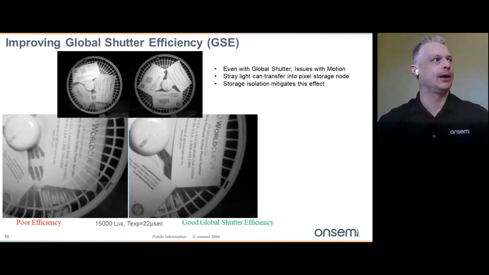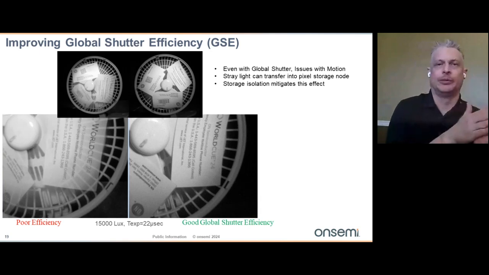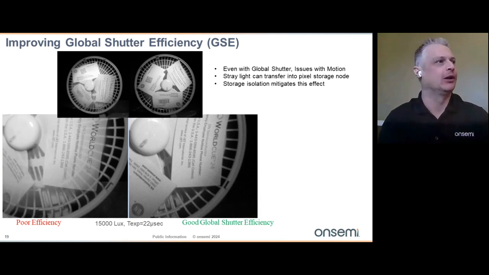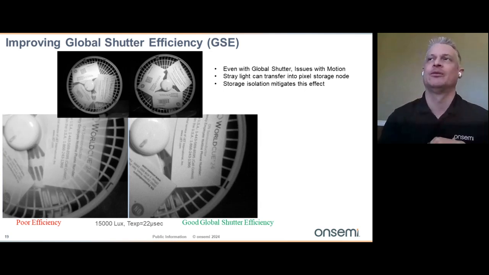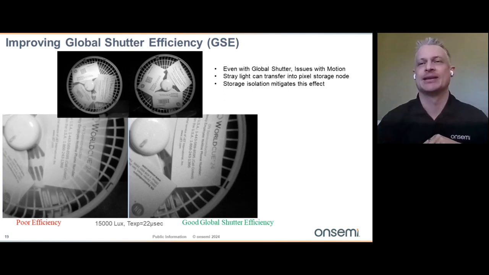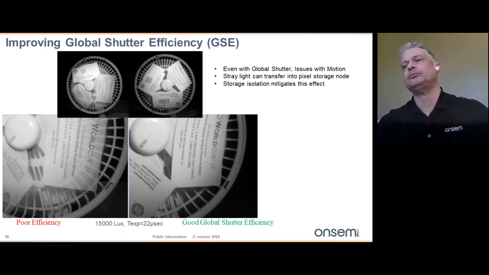This is going to result in lines that you're trying to scan that are blurred or a little bit close together. You could think about other areas of motion where you get this blurring effect, or you lose some sharpness, and it's difficult to image what you're actually imaging. So this is a key element of global shutter, what we call the global shutter efficiency.